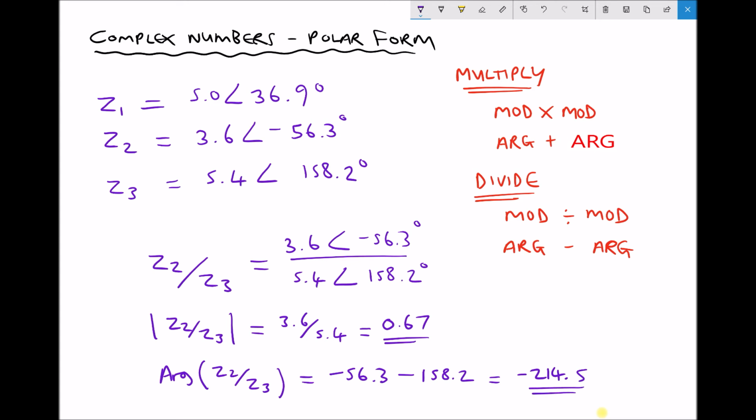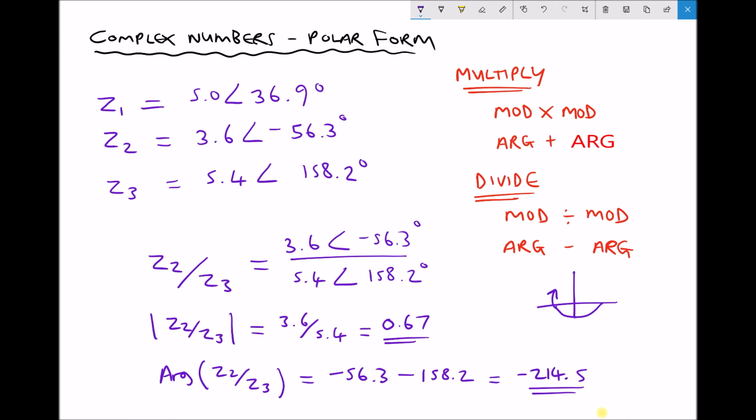That one is probably going to be better expressed as a positive, because minus 214.5, we go minus 180, so minus 214.5 is going to be somewhere around here.